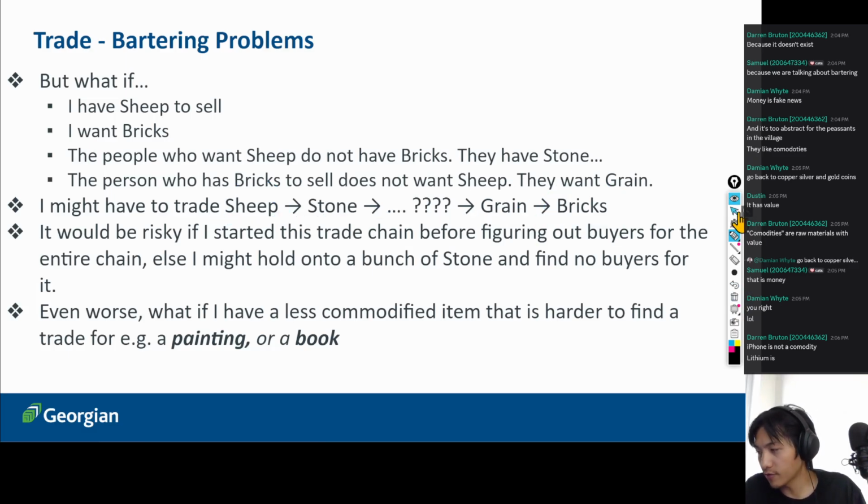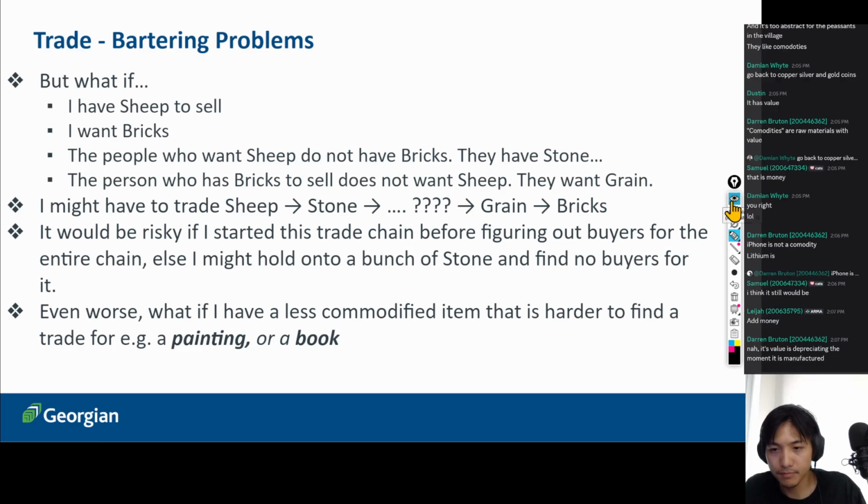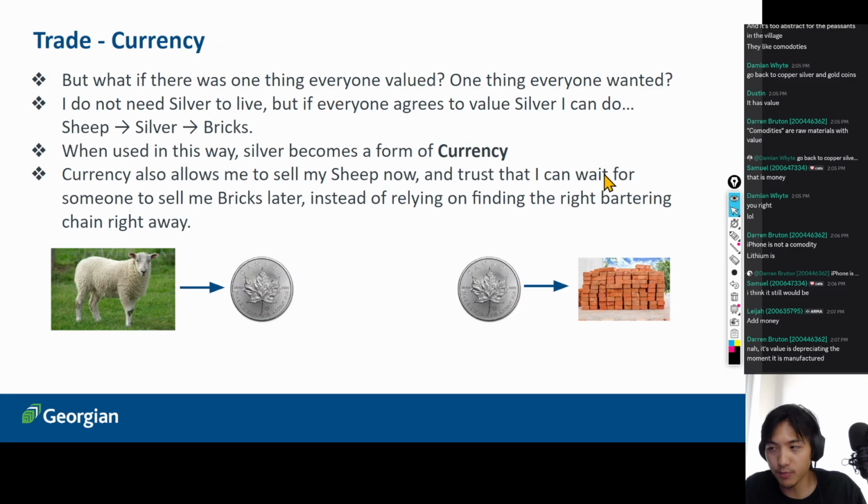So what is the solution for this? I've been talking about all these problems. What is something we can do to solve this problem? Yes, money was invented to solve this problem.